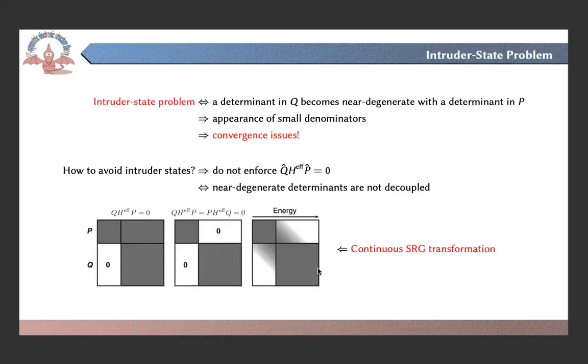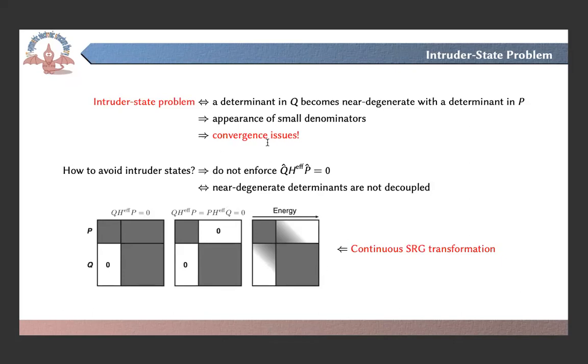If you've read a little bit about multi-reference coupled cluster, or multi-reference CI, and all those methods, they always talk about intruder states, because the intruder states are going to give you convergence issues. Why is that?